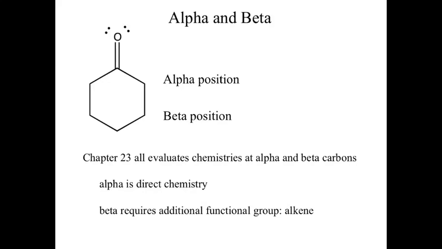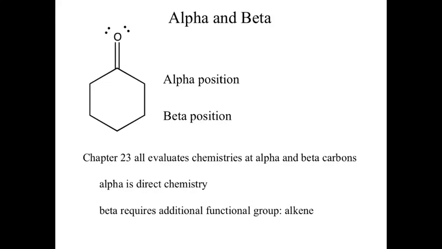So real quickly before we get into chapter 23 too much, this concept of alpha and beta, because chapter 23 looks at this in extensive detail. What we're looking at is now kind of a secondary effect: how does the carbonyl affect the other positions nearby?